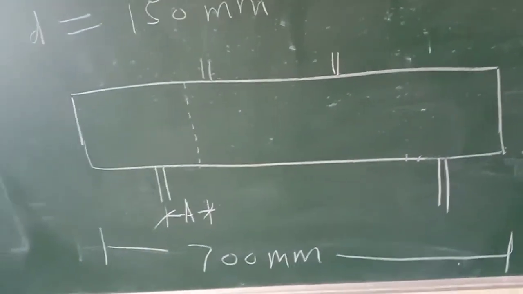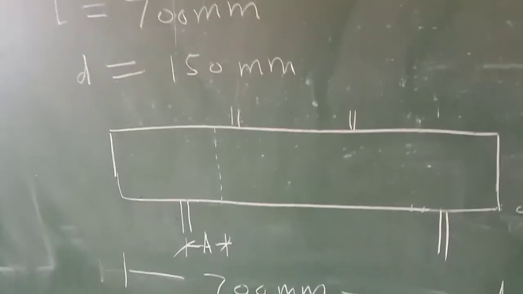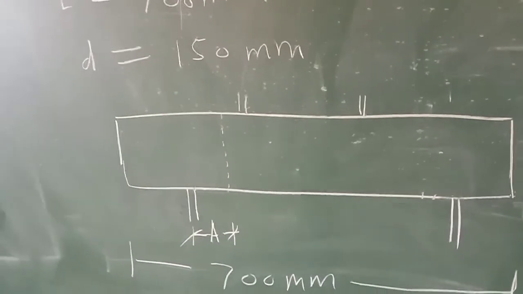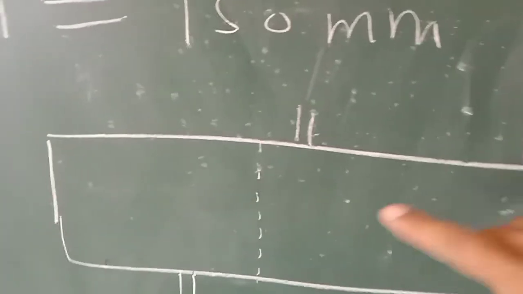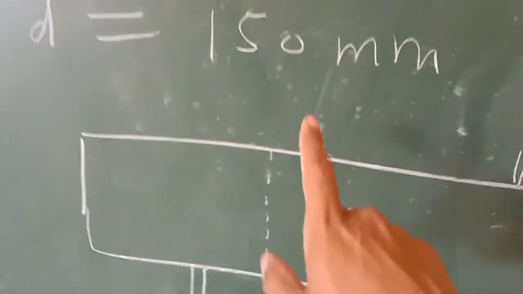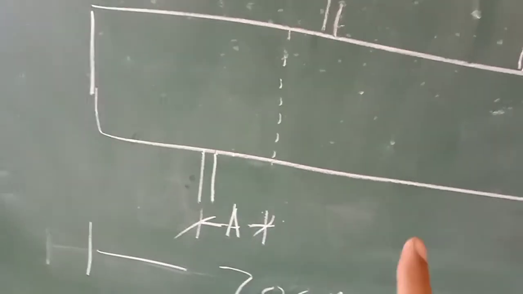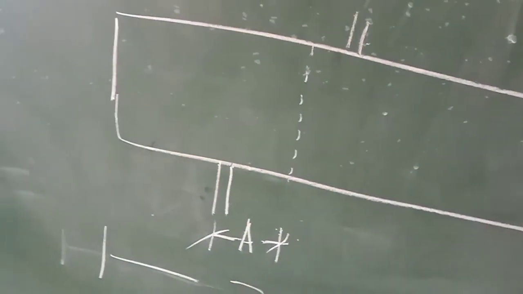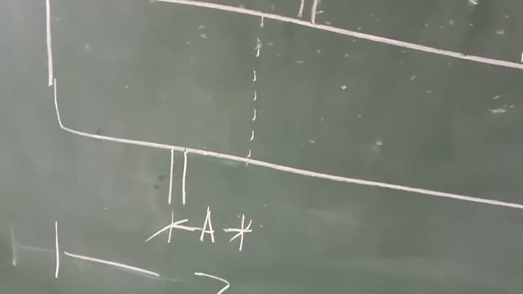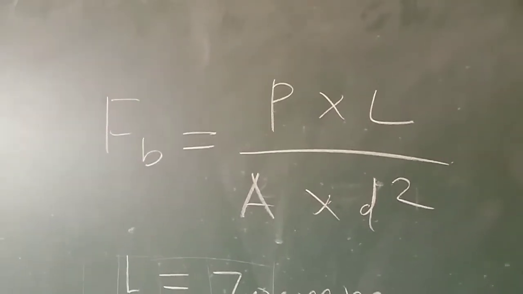The logic behind this is, when this formula FB = P × L / (A × D²) is used, the distance between the fracture line and the nearest support should be greater than 20 centimeter.